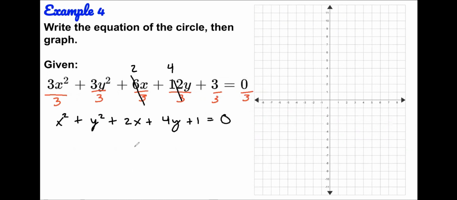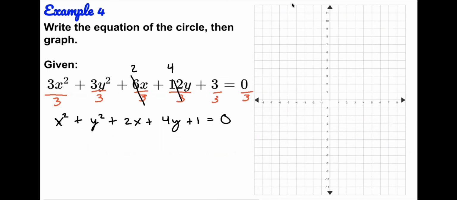So basically, I modified it a little bit more because intentionally, I want these two terms to have a coefficient of 1. That's what I want to have in order for me to complete the square. If I don't do that, then I cannot complete the square. Okay? All right.